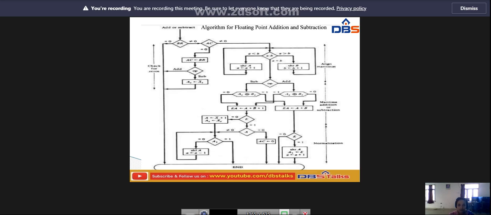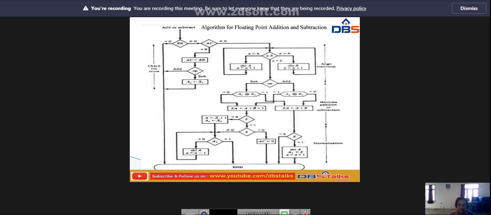Here, equal to 0, again AC is equal to BR, and the operation will be performed again, and addition or subtraction will be done. If it is addition, it goes to the end. If it is subtraction also, it goes to the end.